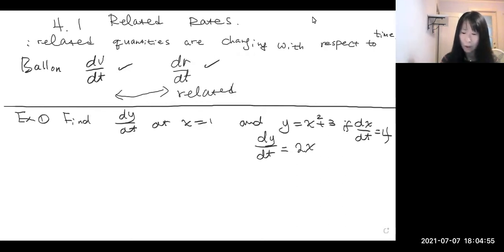So we're gonna make this one dx over dt. Okay, then look, given the information, when x equals 1, we substitute there. And dx over dt equals 4, we substitute there.